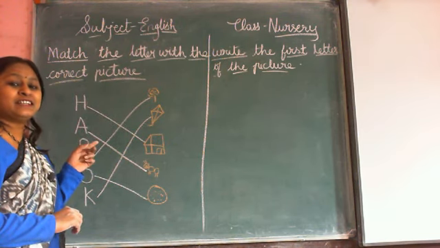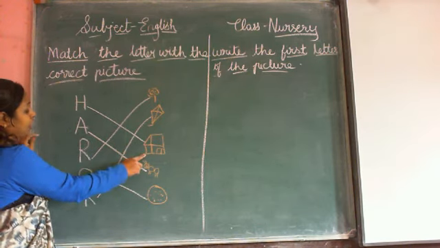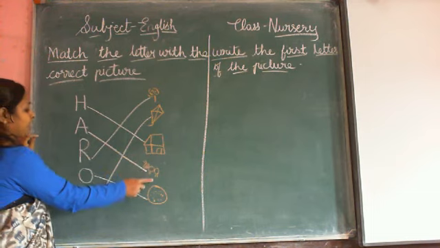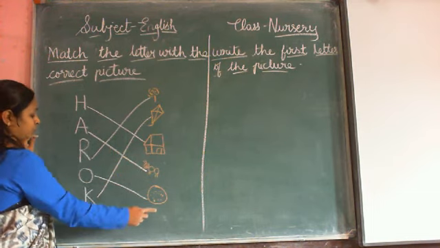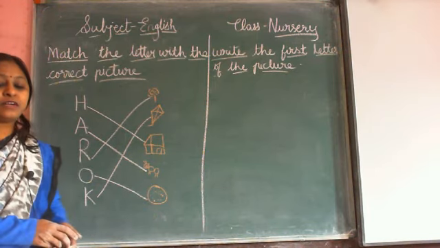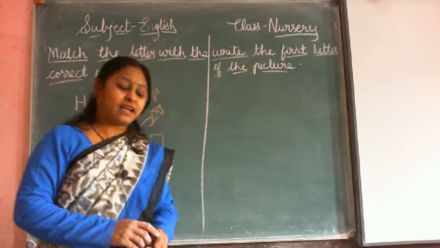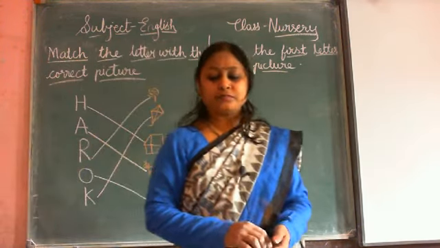Did you enjoy this? Again we will revise. H for house, A for ant, R for rose, O for orange, K for kite. I hope that you have understood and you will do nicely in your notebook.